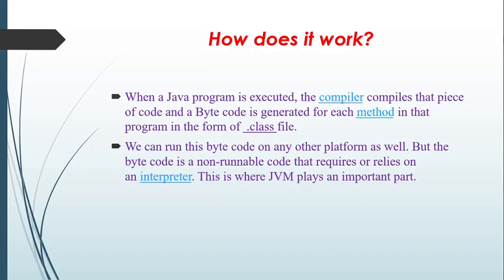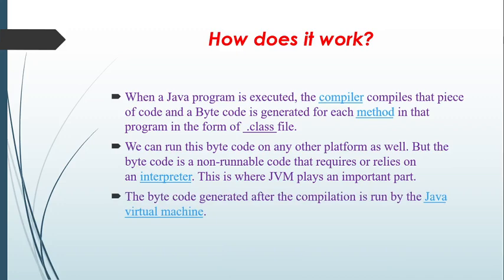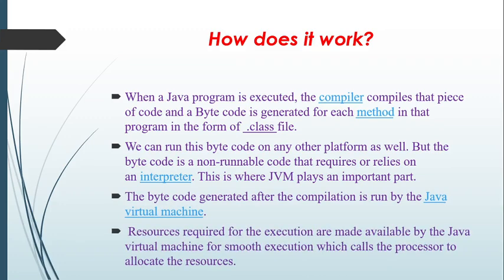This is where the JVM plays an important role. The bytecode generated after the compilation is run by the Java virtual machine. Resources required for the execution are made available by the Java virtual machine for smooth execution, which calls the processor to allocate the resources.